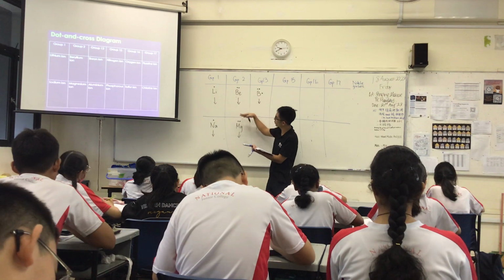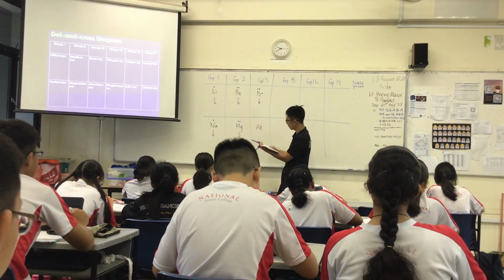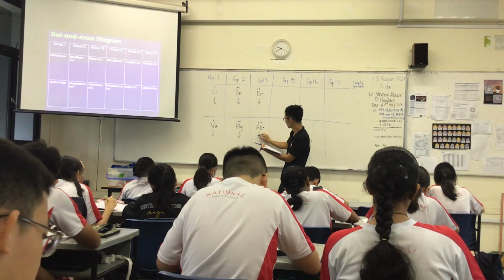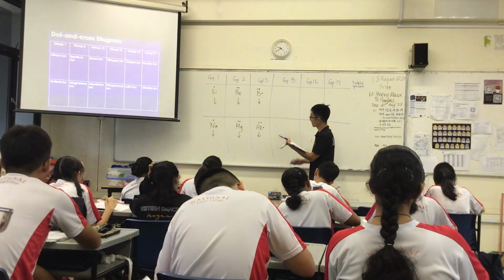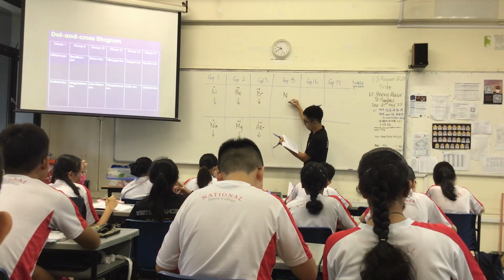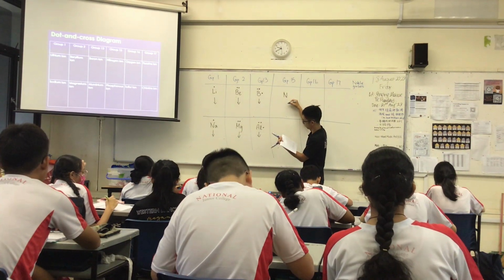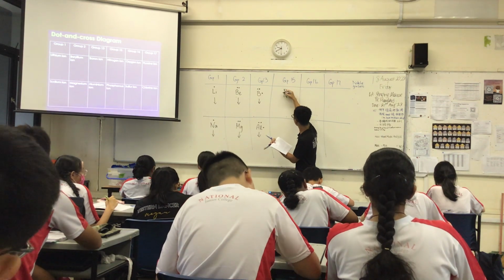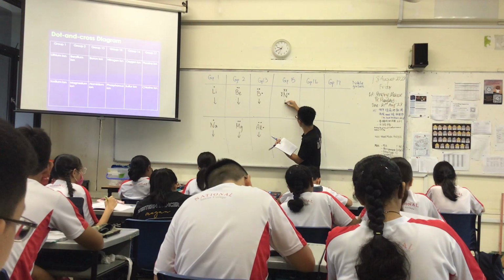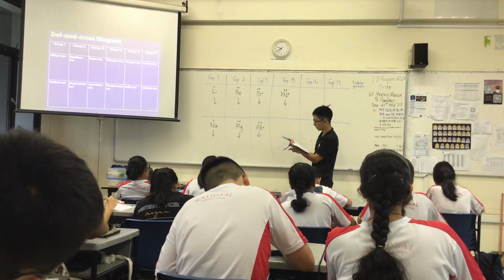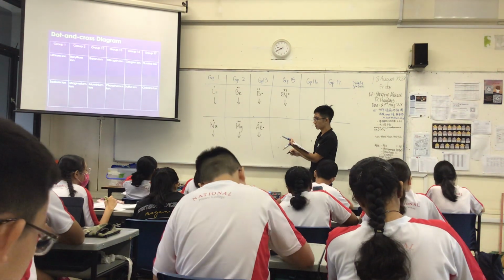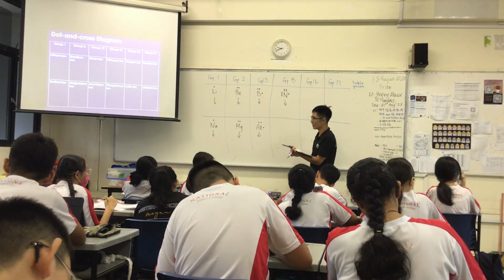You can draw the atom version and figure out the ion version of it later. We will never ask you to draw a dot and cross.